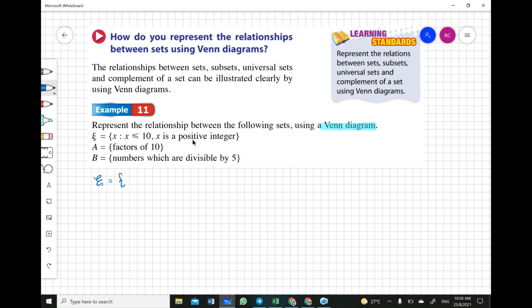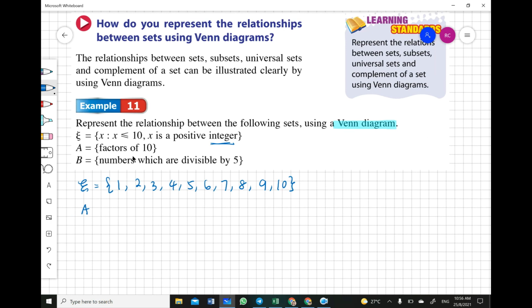What will be the universal set? Positive integers. What is the first integer that is less than 10? 1. Yeah, very good. 1, 2, 3, 4, 5, 6, 7, 8, 9, 10. Now A. A is the factors of 10. What are the factors of 10? We just did it.